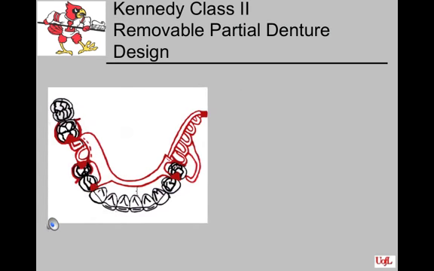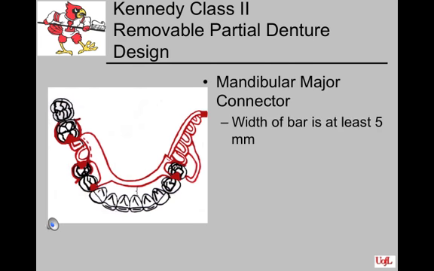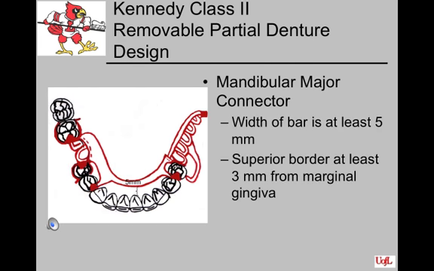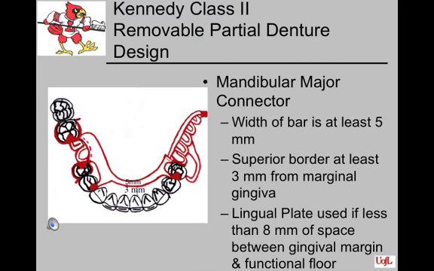The mandibular major connector is either a lingual plate or a lingual bar. The width of the lingual bar must be a minimum of 5 millimeters. The superior border must fall at least 3 millimeters below the marginal gingiva. If there is not 8 millimeters of space between the marginal gingiva and the functional floor of the mouth, then the lingual plate must be used.